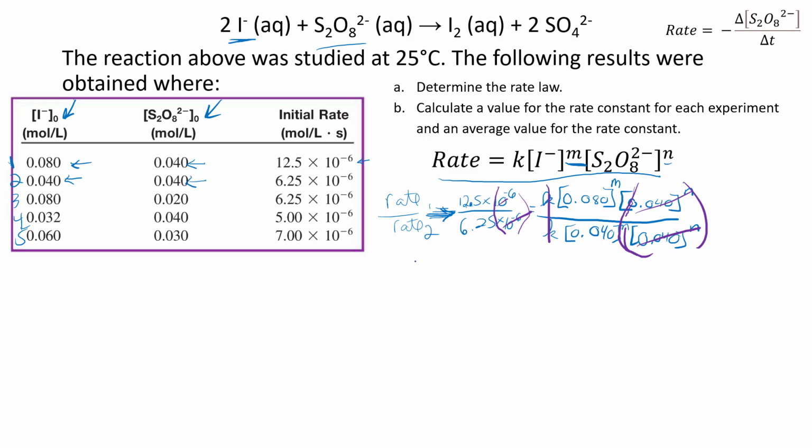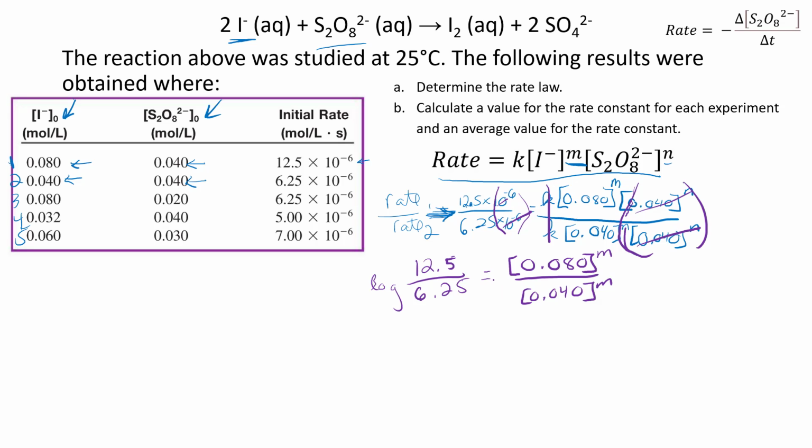So I can rewrite this as 12.5 over 6.25 equals 0.80 raised to the m over 0.040 raised to the m. How does that help me? Remember those log rules? What happens when I take the log of both sides?